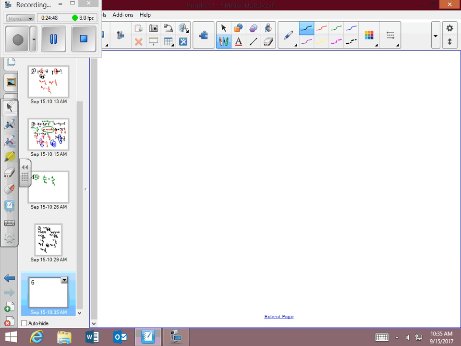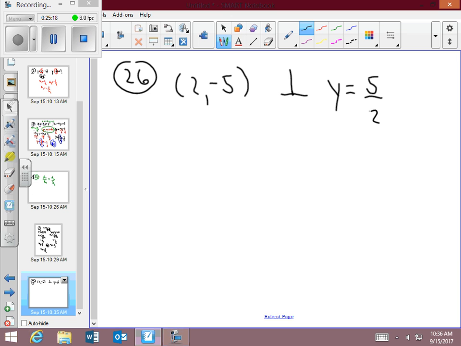The next one that I'm going to look at, number 26, says find the equation of the line containing the point (2, -5), and it's perpendicular to y equals 5 halves x minus 4.